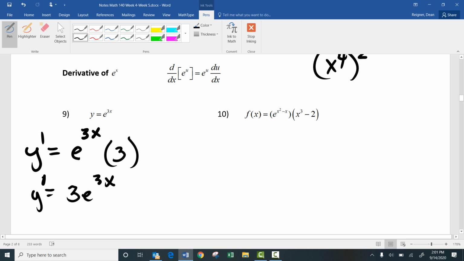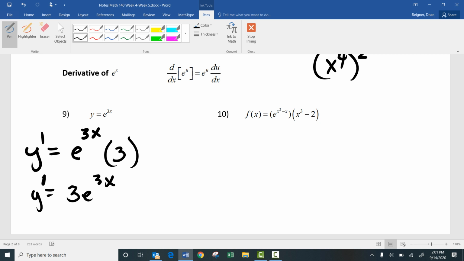That's what this du dx means. That means you take the derivative of u, the derivative of the exponent. Now this bottom dx, you don't know what that means yet, and I'm not going to explain that till we move on a little further. So just kind of ignore that. You're going to have to memorize the derivative of e to the x, and it's not hard once you do these a couple times.